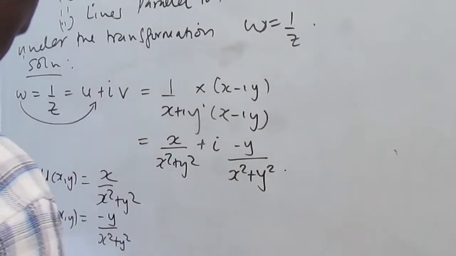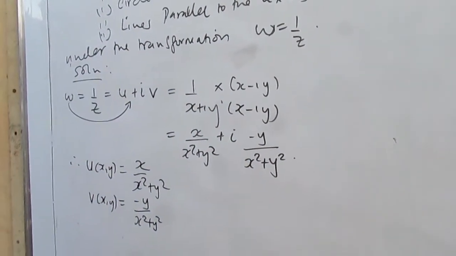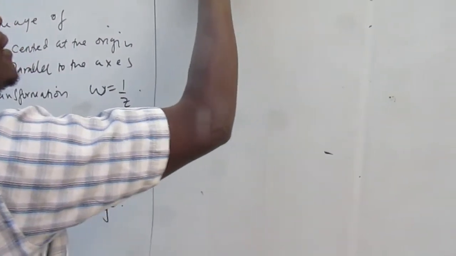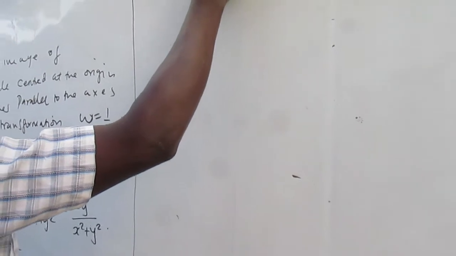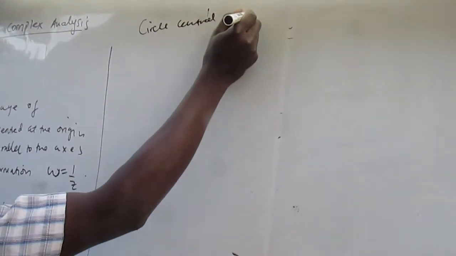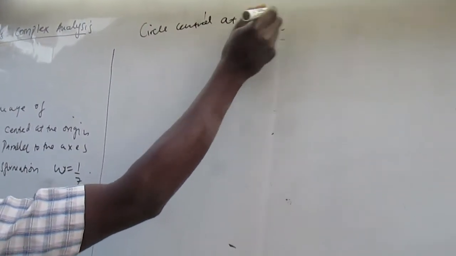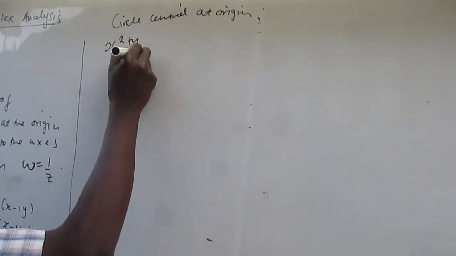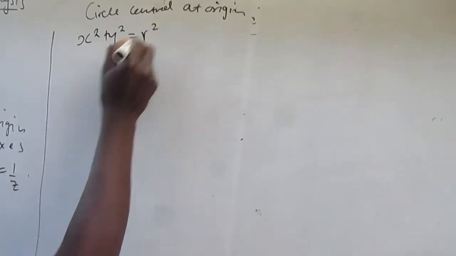And so let us see what happens when we have a circle centered at origin. The equation of a circle centered at the origin is x squared plus y squared is equal to r squared.